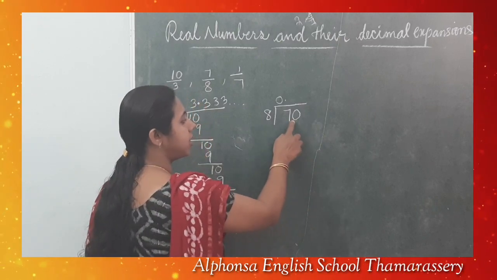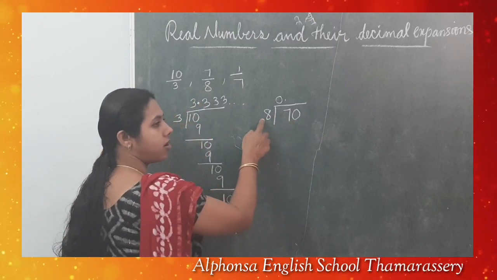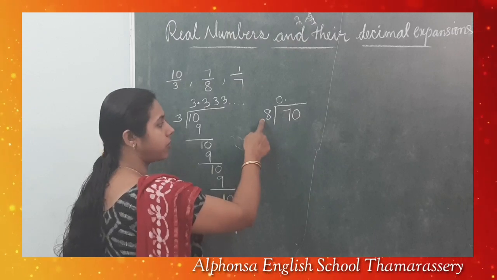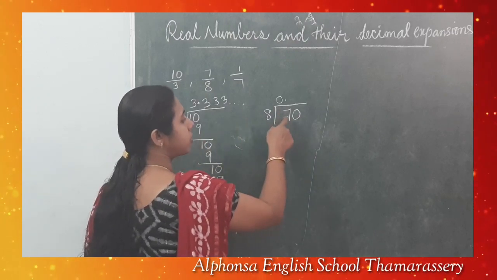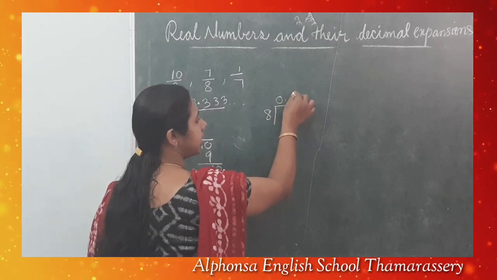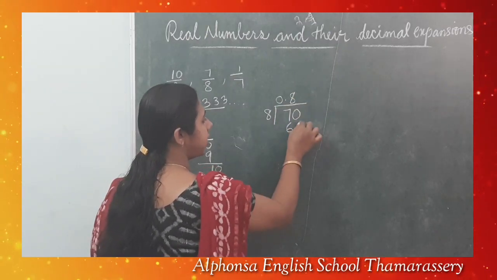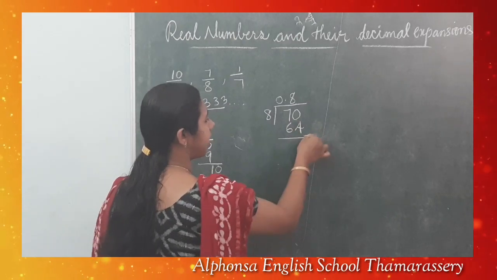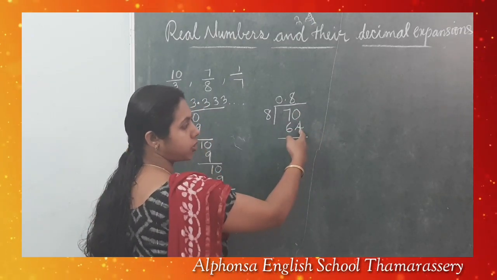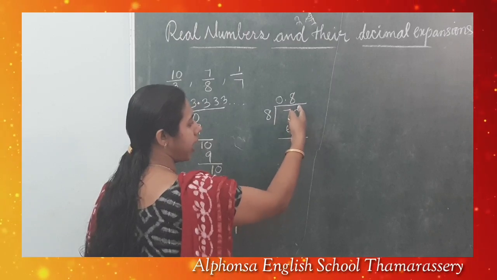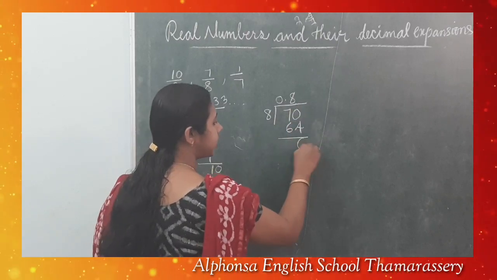So 70. 70 is more than 8, so we can divide this. So 70 by 8 is 8 8s are 64. Remainder 0 minus 4 is not possible, so you have to borrow from here.